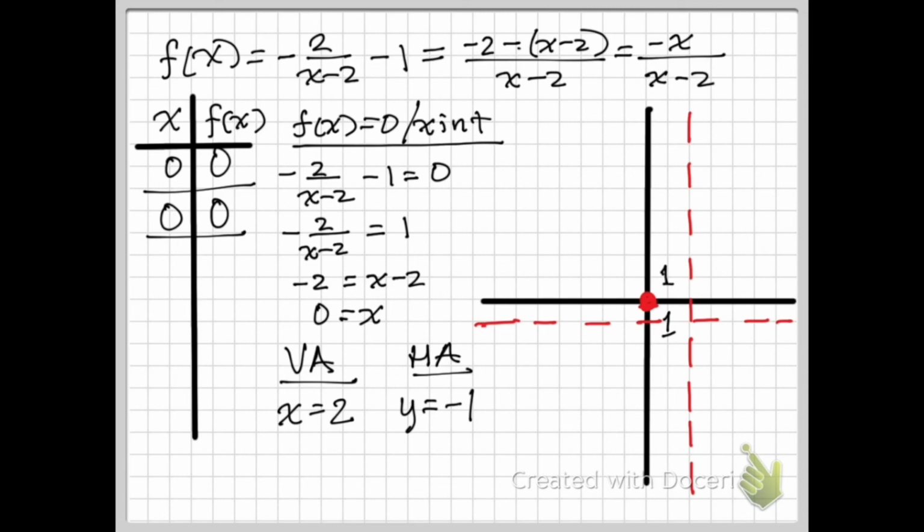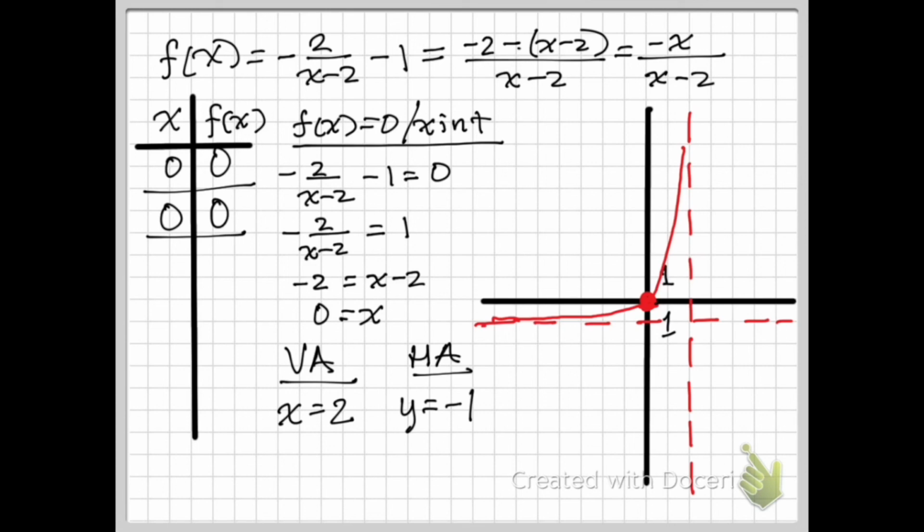And then in this region over here, I'm looking, am I above or below the horizontal asymptote? Well, I am above it. I have a point there. So from there, I'm going to approach the asymptote here, and I'm going to approach the asymptote down here. And that's what I can do with that at this point.